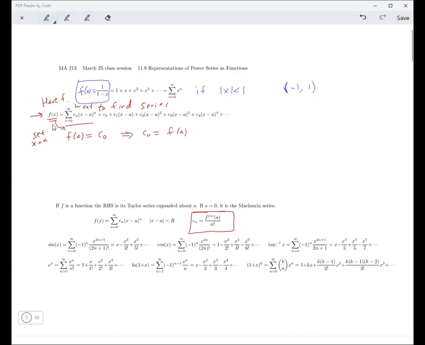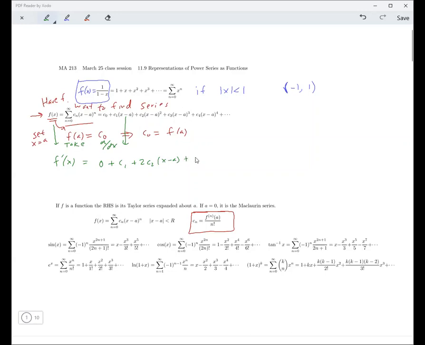Now, for the next step, you take derivatives with respect to x of this and that. Taking the derivative of this, you get f prime of x. Taking the derivative here, this goes away, so that's 0. And then the derivative of this is just C1. For the derivative of this one, you use the power chain rule, so a 2 comes down, and this is reduced by 1.